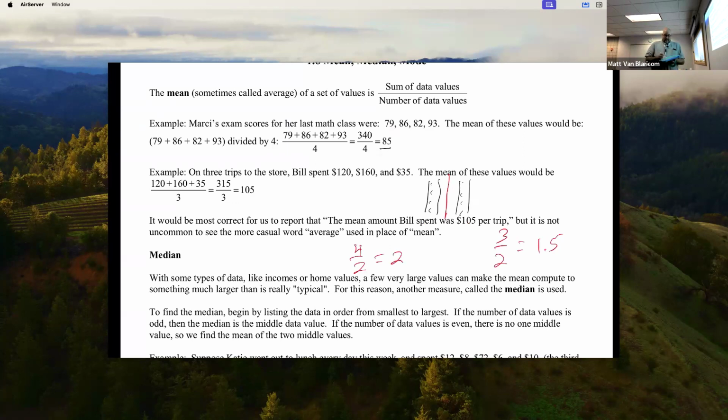We're going to actually find the average of the second and third data point. So we look at whatever our number is and we use that to know how to find the median. On this, it's very important that we list data from lowest to highest, smallest to greatest. If we don't list it in order, we can't find these things that we're looking for.